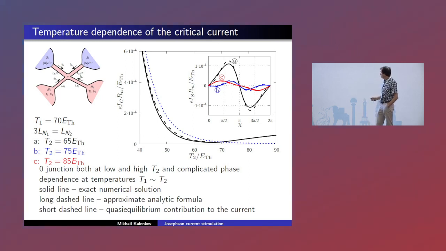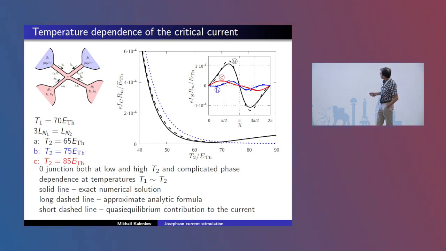So at low temperatures, the quasi-equilibrium contribution dominates, but starting with some temperature, the non-equilibrium contribution becomes strong, and actually the critical current increases starting with some temperature.